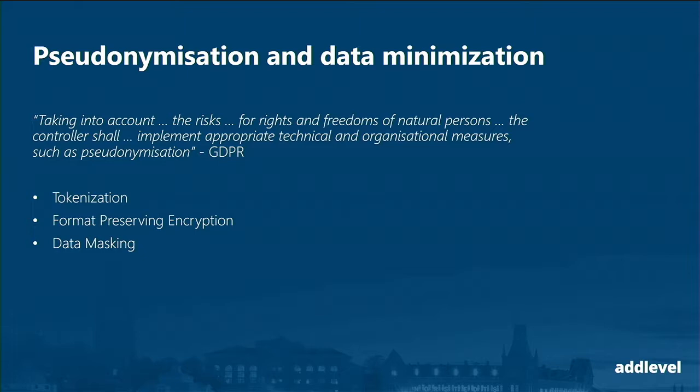What the GDPR says is that, taking into account the risks for rights and freedoms of natural persons, the controller shall implement appropriate technical and organizational measures such as pseudonymization. So here we come back to risk once again. So high risk, probably more need to implement pseudonymization or encryption and such.